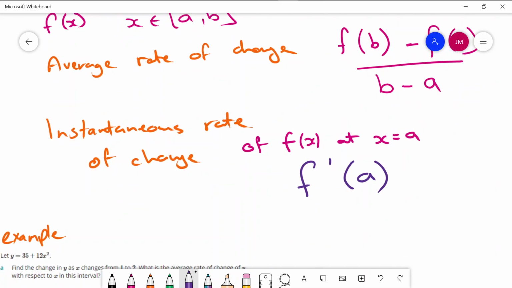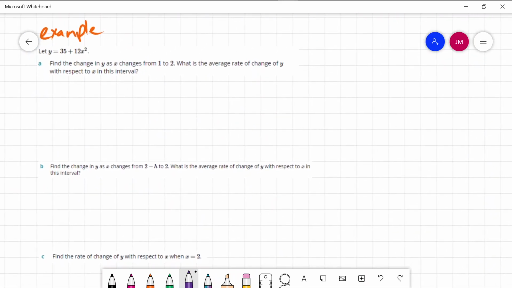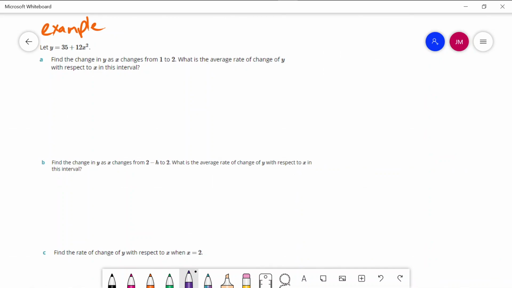So if we scroll this down, we can see we've got let y equal 35 plus 12x squared, and we want to find the change in y as x changes from 1 to 2, and we want to find the average rate of change over that interval. So we use that first formula that we looked at before: the function at the second point minus the function at the first point. First, let's find the value of our original function.